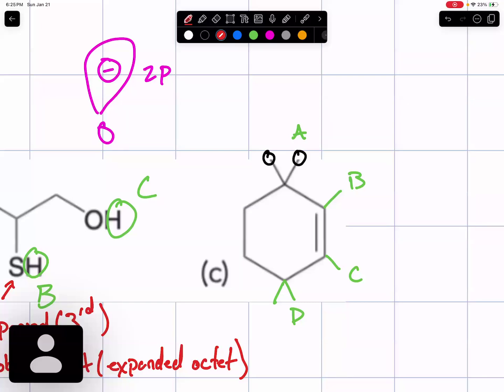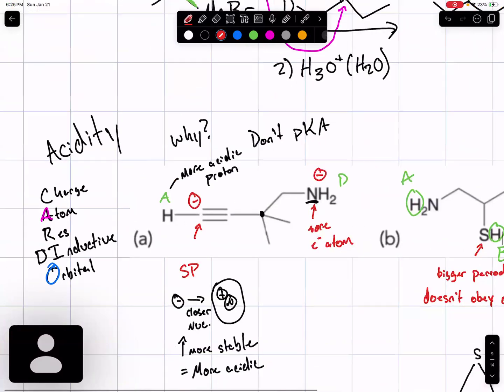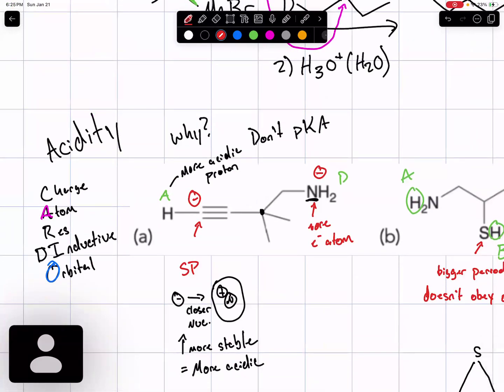Does anybody know? If I deprotonated B or C and had a negative charge here or a negative charge here, remember your CARDIO rules. Is there any resonance here?